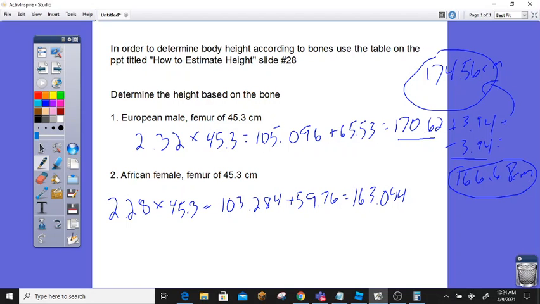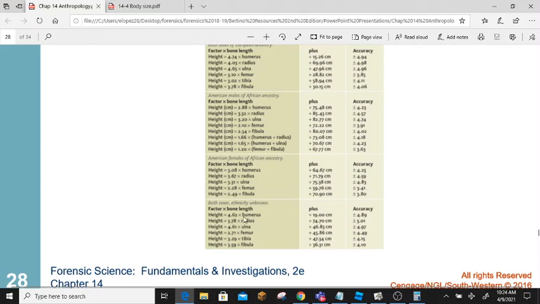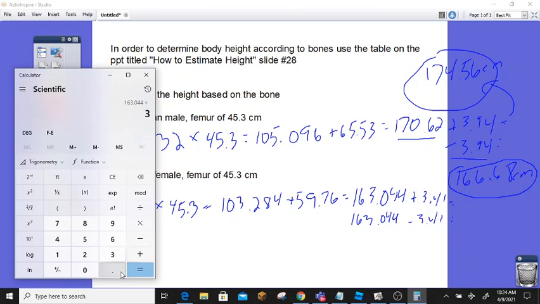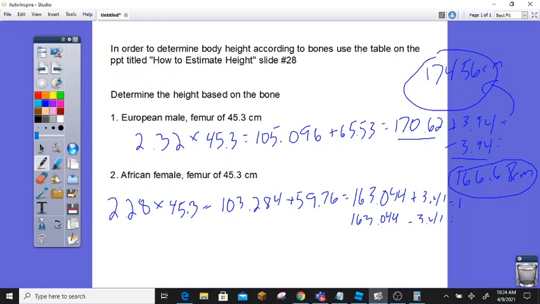And this is where we're going to add 3.41 and subtract 3.41. And you know what, let me just write it twice. There we go. So I am going to add 3.41, 166.